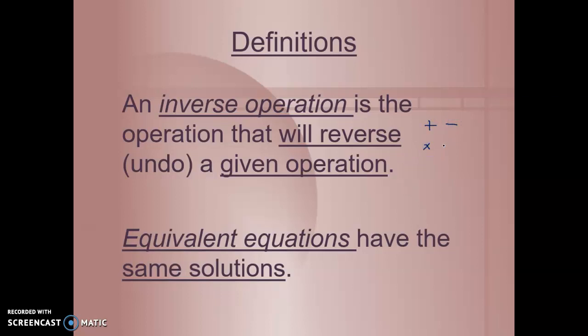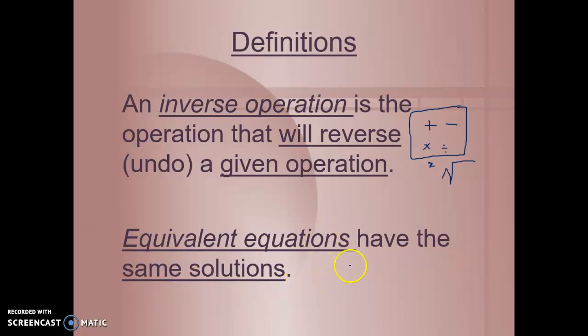Multiplication and division are inverses. They undo each other. And exponents and roots are inverses. They undo each other. All we're going to be looking at right now are these four main operations. You'll learn about other operations and inverses as we move along into more advanced math problems.